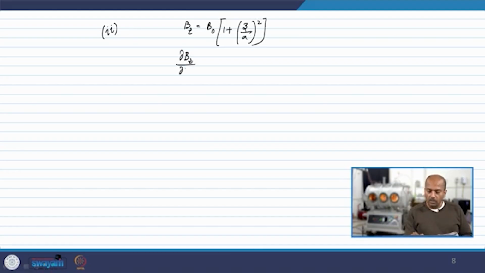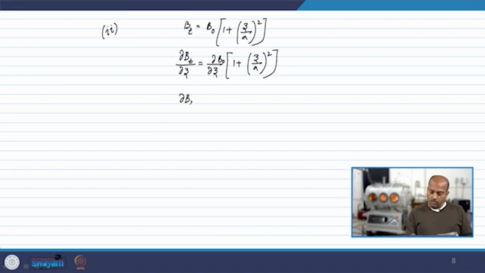So, we will solve it, we will get the field as Bz is equal to B naught times 1 plus z by a whole square. So, dou Bz by dou z is equal to dou by dou z of 1 plus z by a whole square, right.